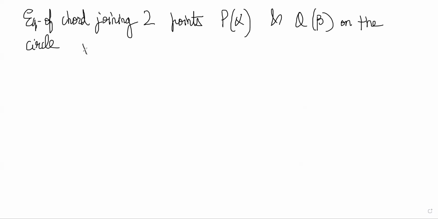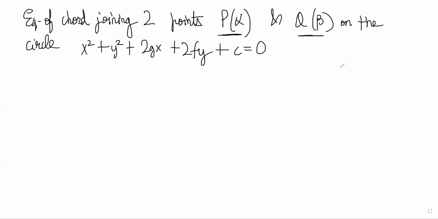And these two points are mentioned in the parametric form P alpha and Q beta on the circle x square plus y square plus 2gx plus 2fy plus c equals 0, right? So what is the equation of the chord joining two parametric points here? So radius of the circle is clear. It is square root of g square plus f square minus c.